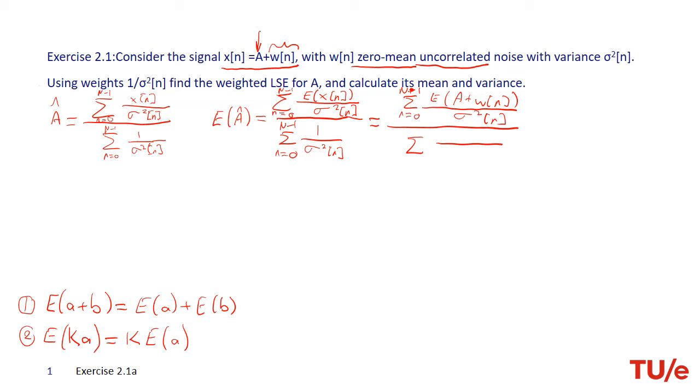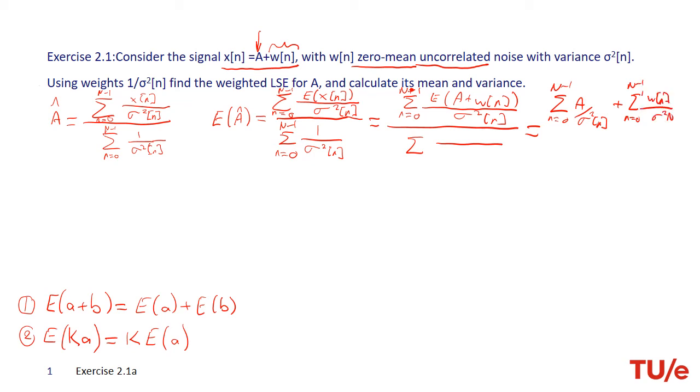So the expected value of A, capital A here, is just A. It means I have the summation of A divided by sigma squared n plus the summation of the expected value of omega n, the noise samples, divided by sigma squared.